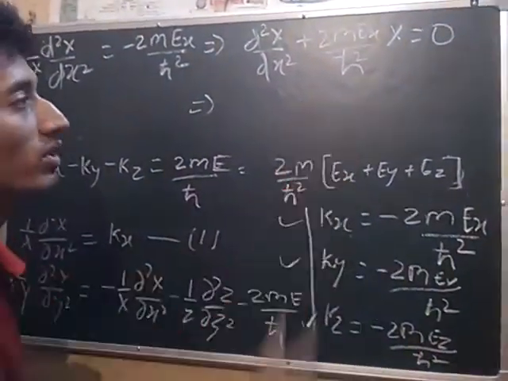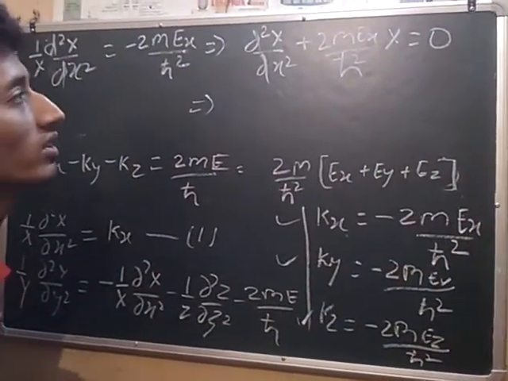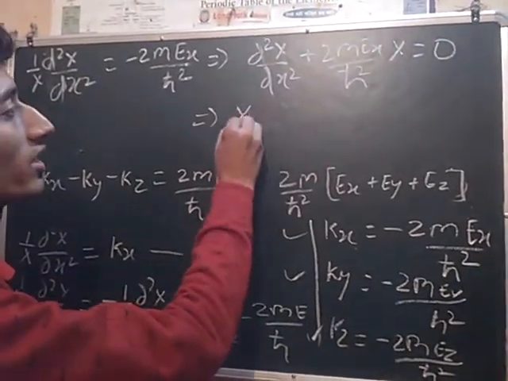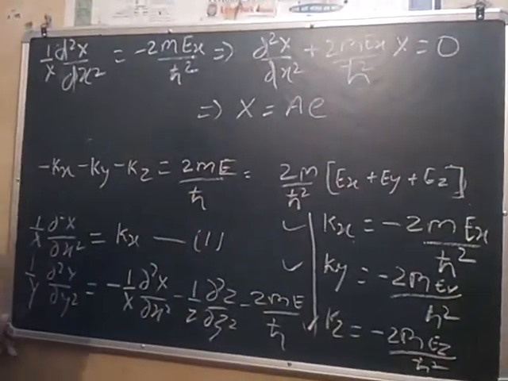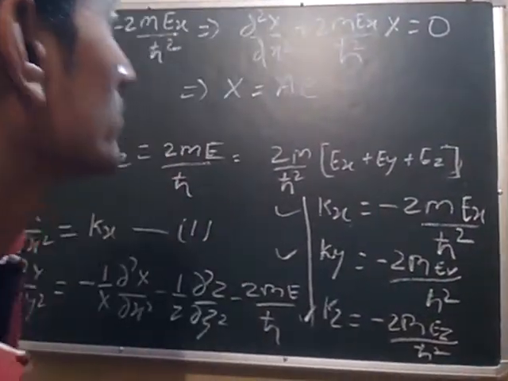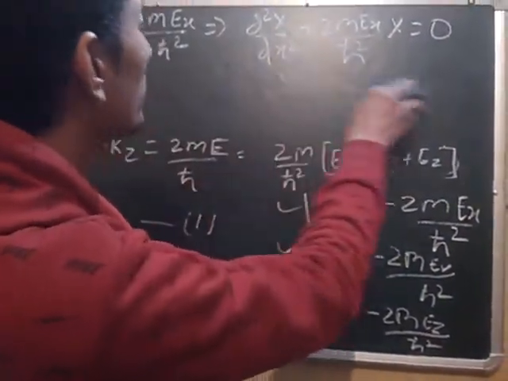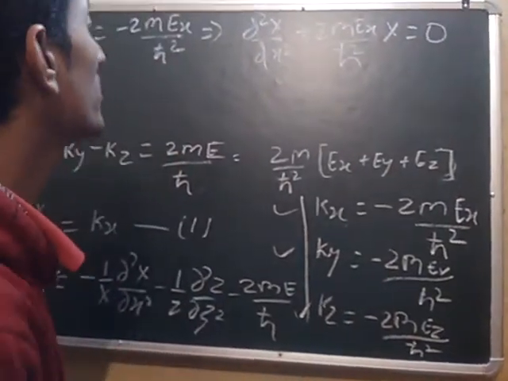This is the simple harmonic motion equation, and its solution can be written as x is equal to a e to the power. It is better to write in sinusoidal form rather than exponential.